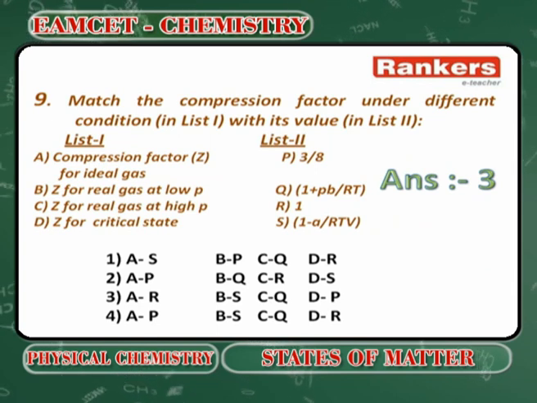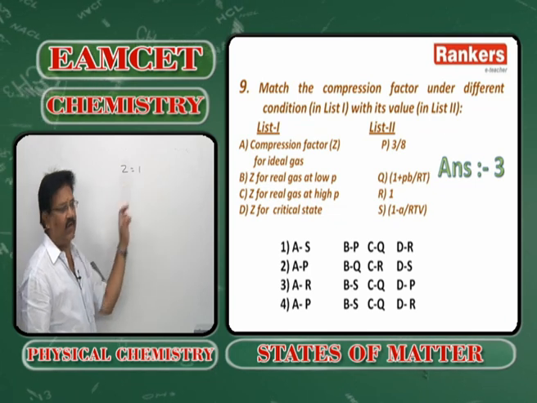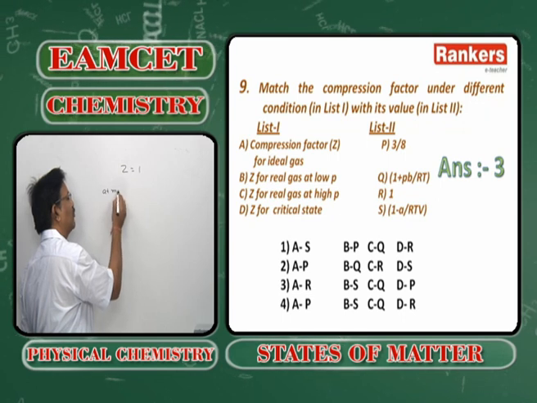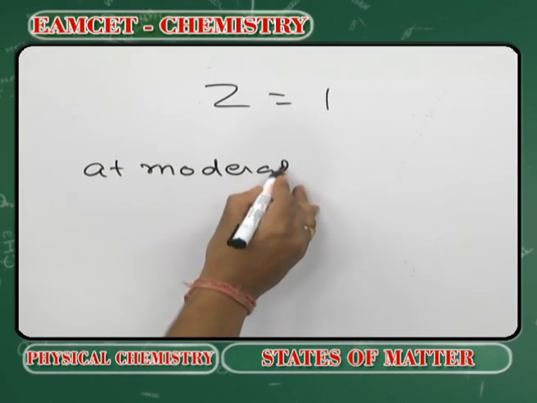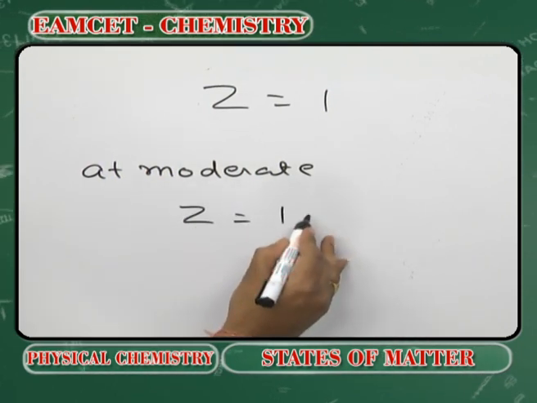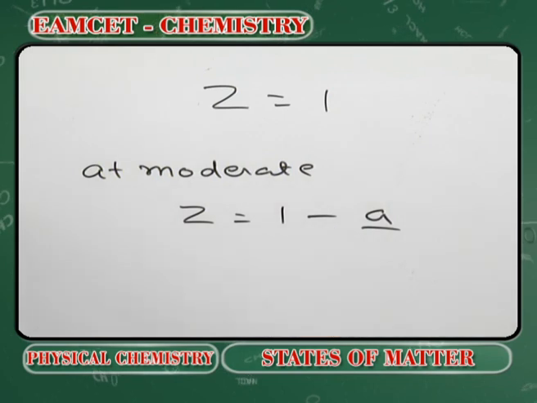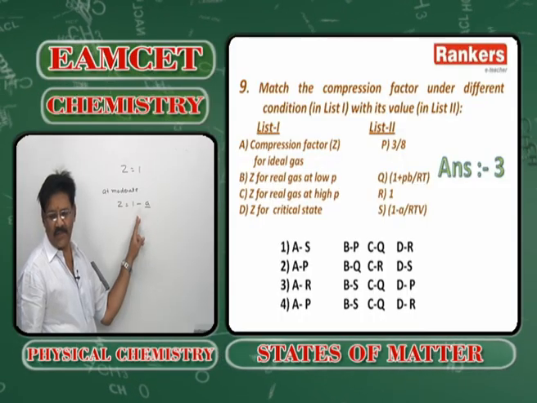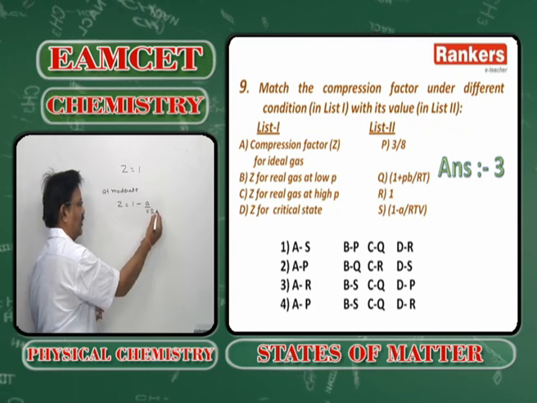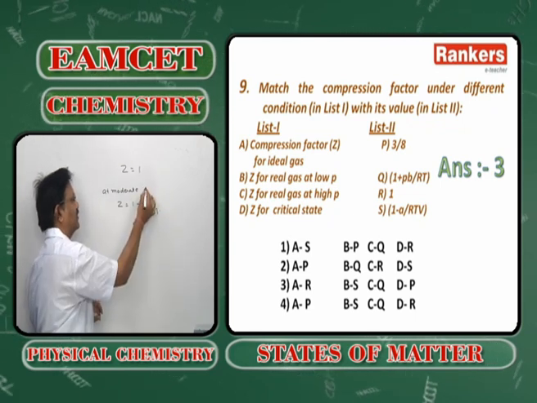So for the compressibility factor of an ideal gas, Z is equal to 1. For an ideal gas, Z is equal to 1. At moderate pressures, as we have stated, Z is equal to 1 minus a by VRT.